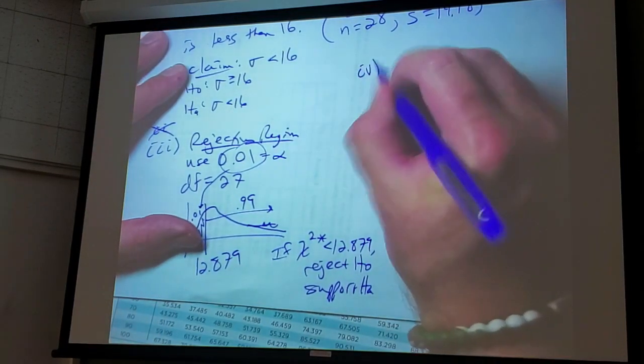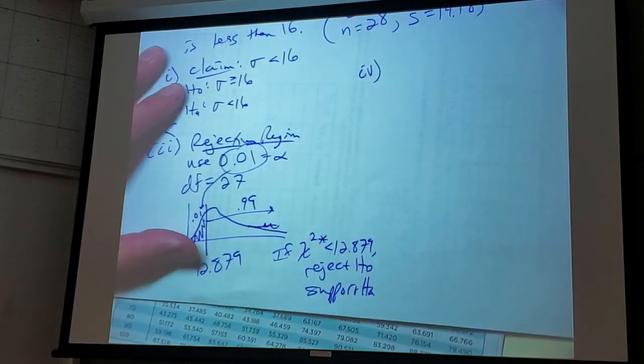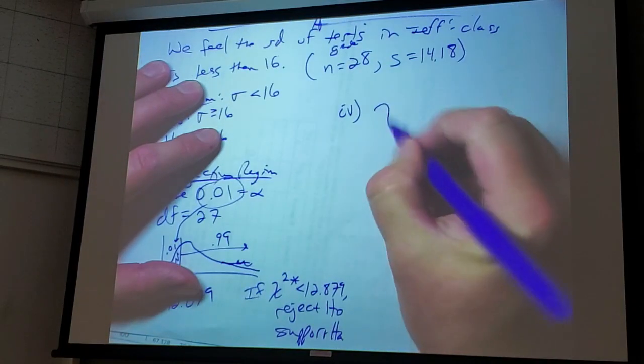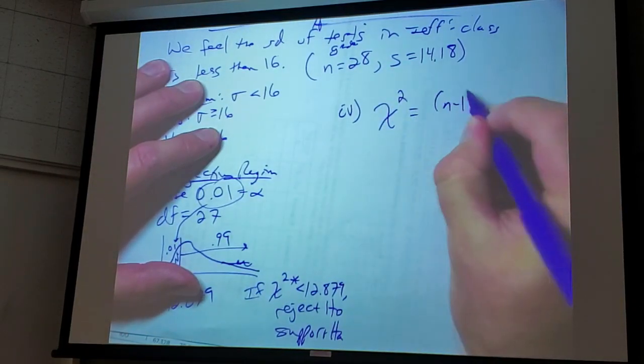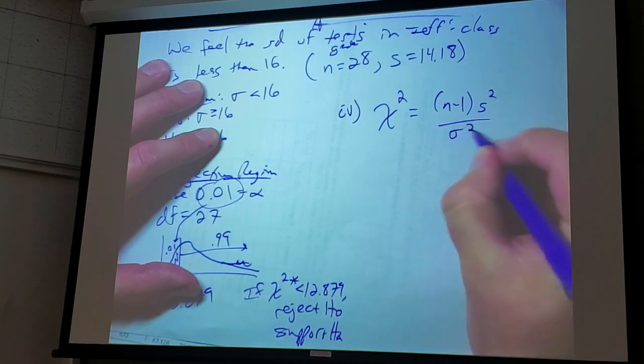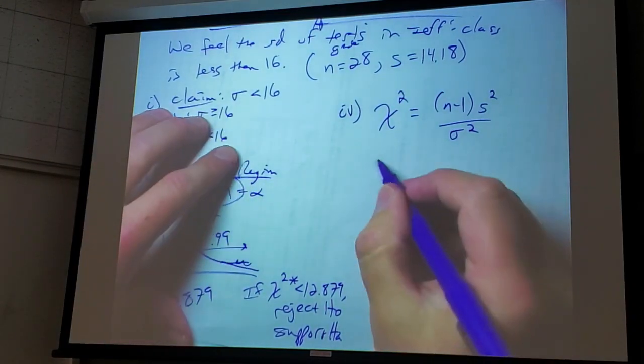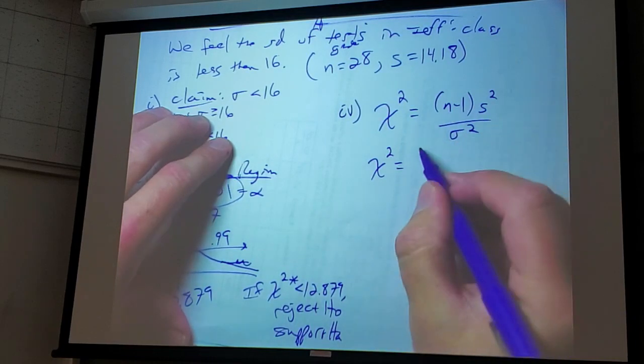Now, here is where the original chi-square formula I showed you finally comes into play. This is the formula we're going to use. That's the very first formula I showed you. This is where it comes into play. So n minus 1 is 27.